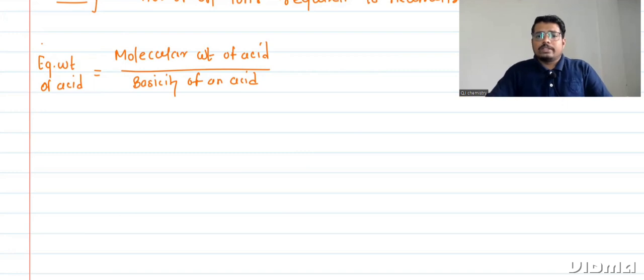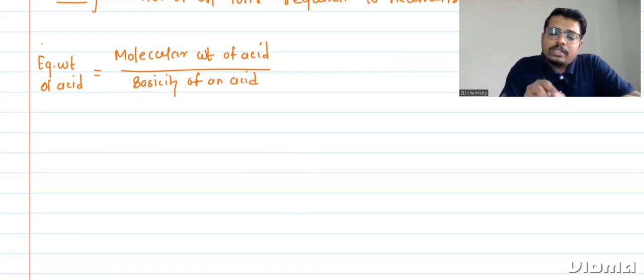We already calculated the N factor of acids. Now find the equivalent weight.